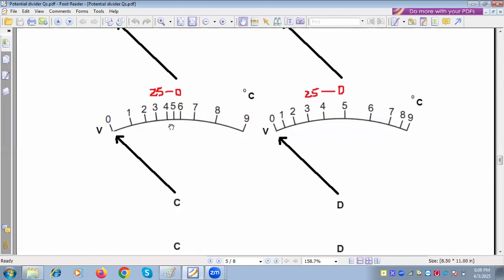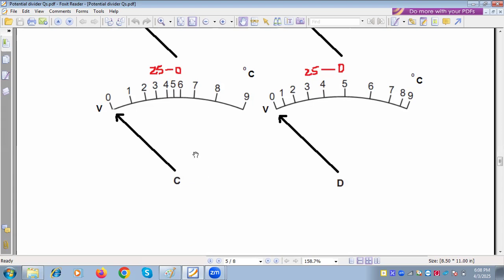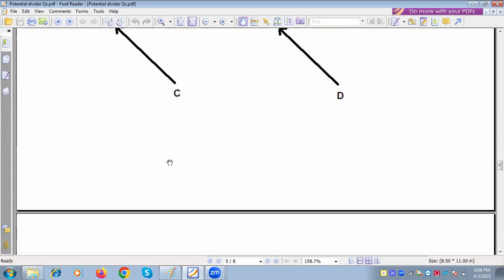So our graph may be of this shape where 3 and 4 volts are lying. So at 3 point something the temperature will be 25 degrees Celsius, and at 0 degrees Celsius the voltmeter reading will be around 4 point something, as we calculated, that was 4.3. So this may be the suitable thing, and a small portion of the graph is used.